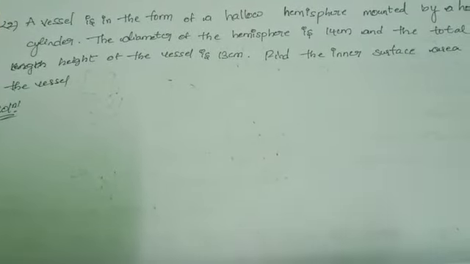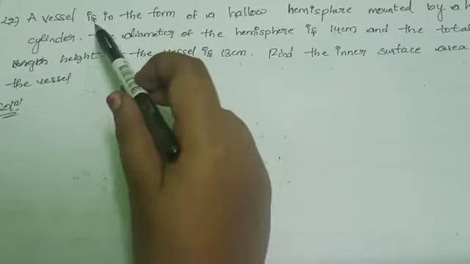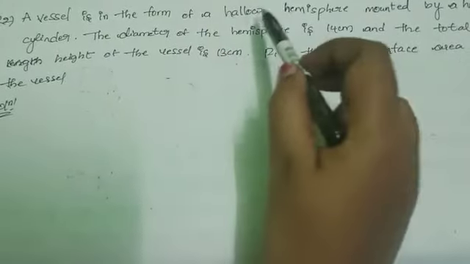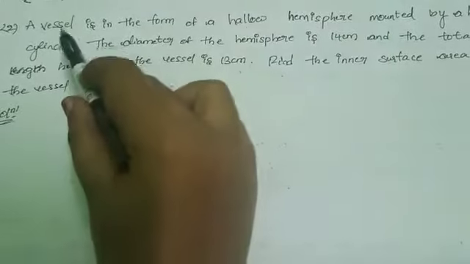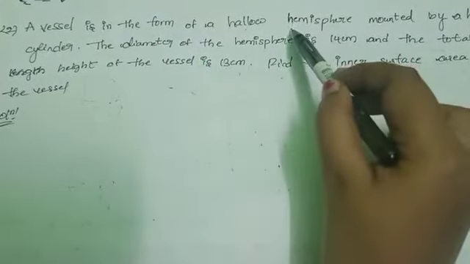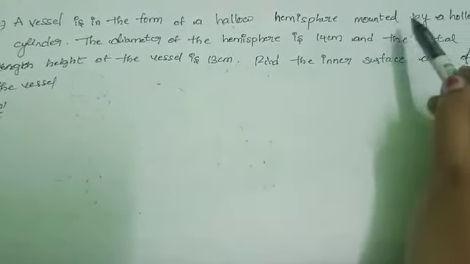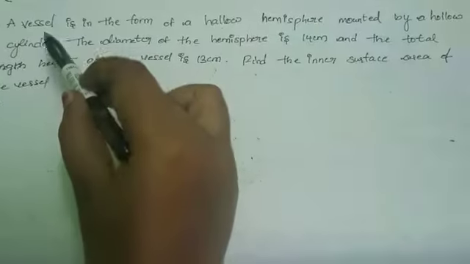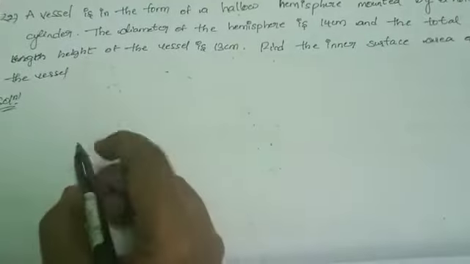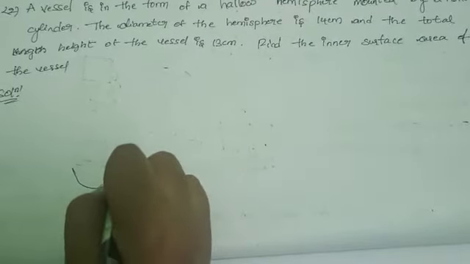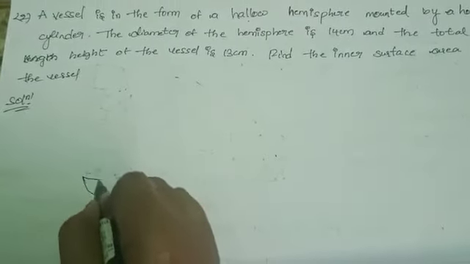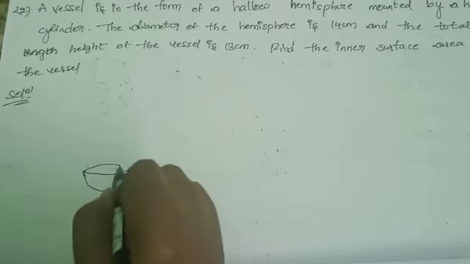Next, second question. A vessel is in the form of a hollow hemisphere. Hollow means empty. The vessel in the form of hollow hemisphere mounted by a hollow cylinder. It means vessel. This is the hemisphere.